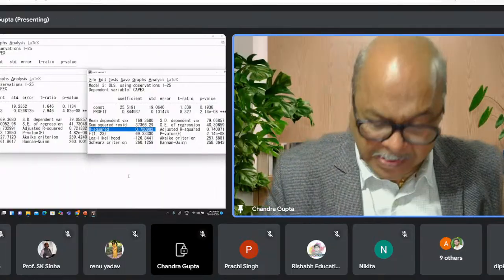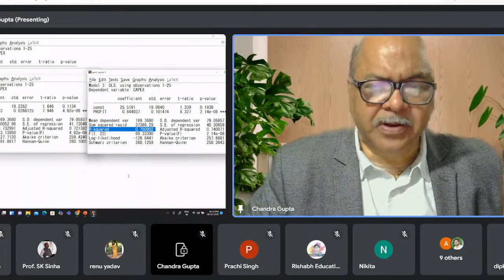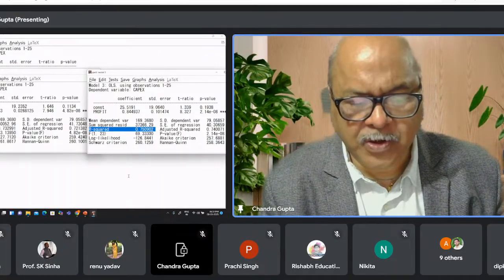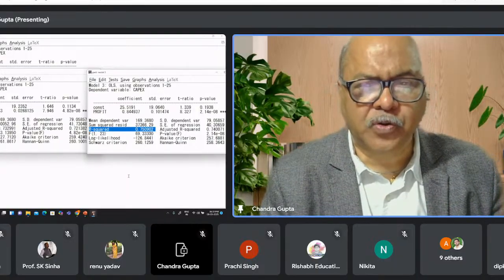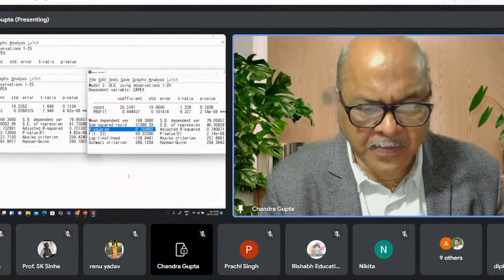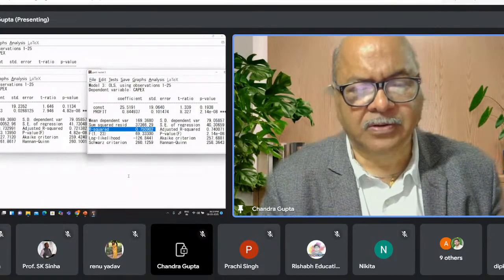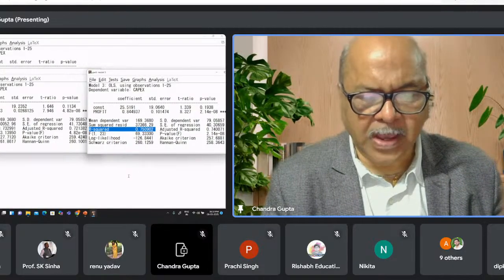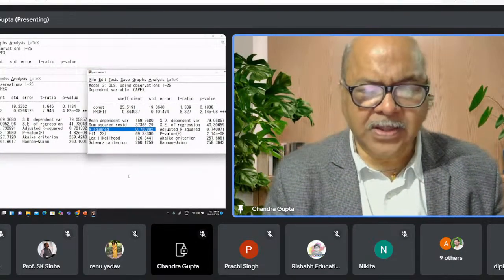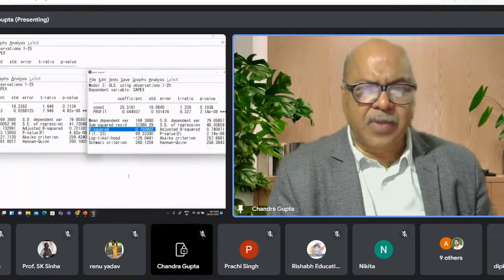Since by taking profit I get a better explanation, if I have to drop, it's better to drop size from the model rather than profit. Okay? So that's how you can think of taking care of the multicollinearity problem.